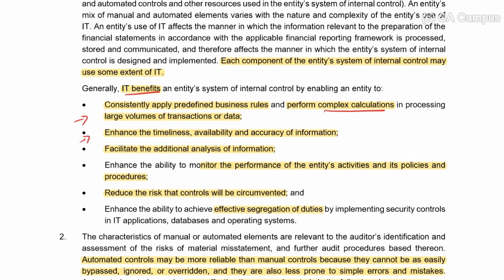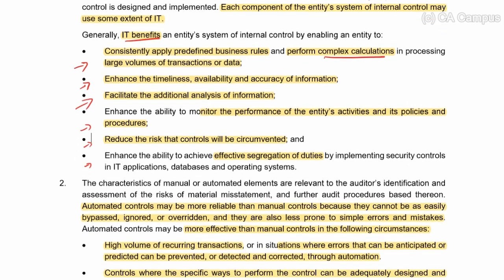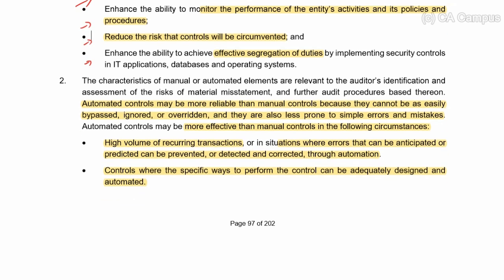It enhances timeliness because a computer system can be programmed to do functions that would take a person a while to do. You can get additional information and analysis of information. Monitor the performance of procedures and activities, reduces the risks that controls can be circumvented, and can enhance segregation of duties through those access controls.